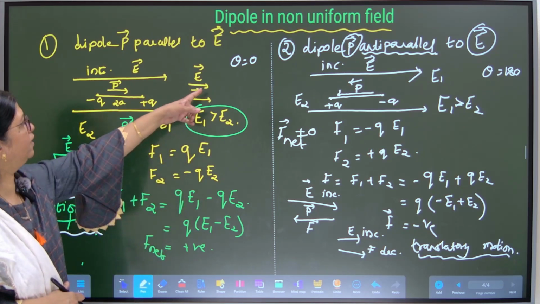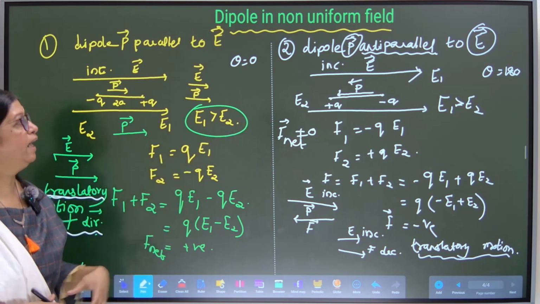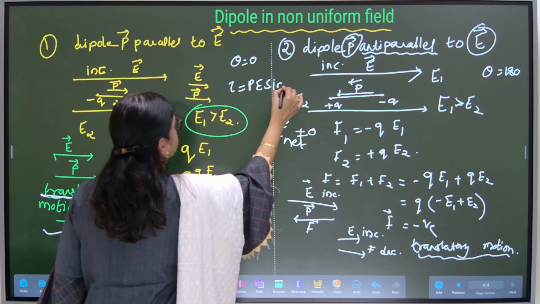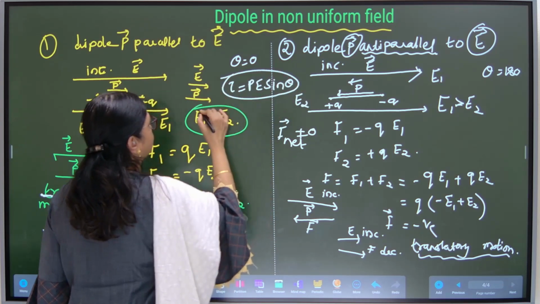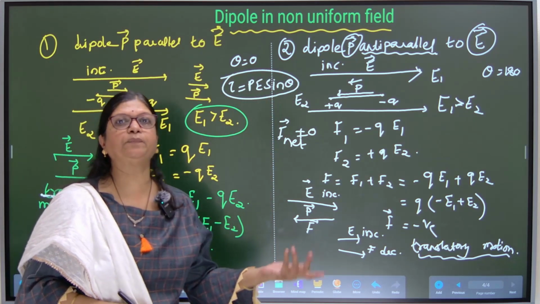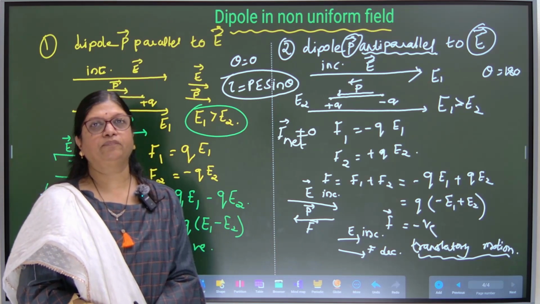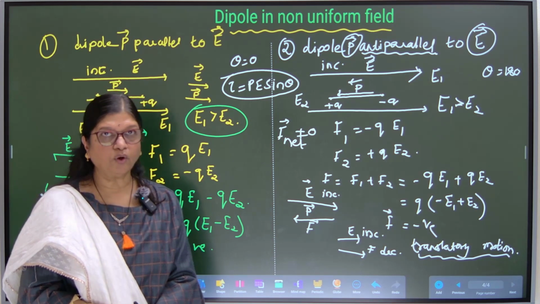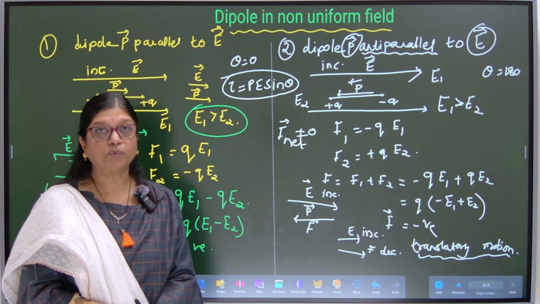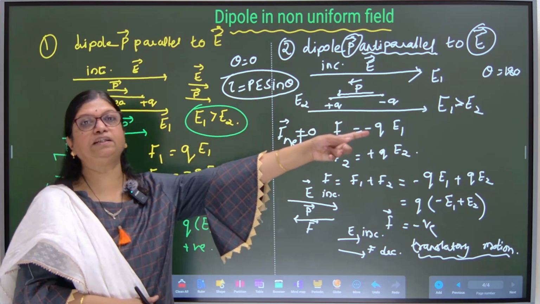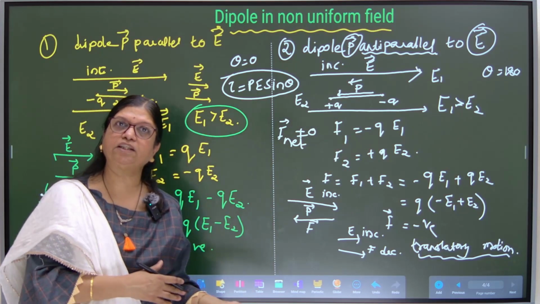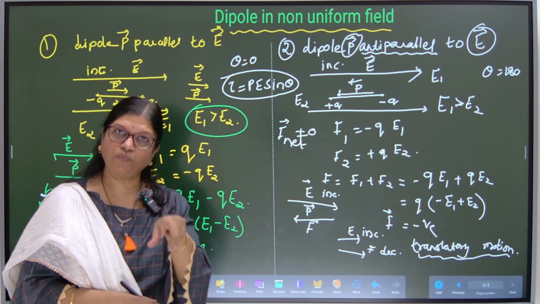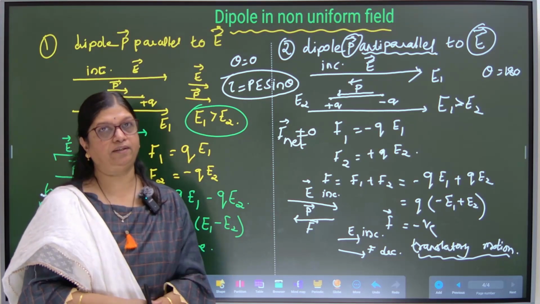But in this case, we have taken theta equal to 0 and theta equal to 180. Tau is equal to PE sine theta. If I substitute theta equal to 180 or theta equal to 0, I am going to get tau equal to 0. If tau is 0, then there is no torque, provided theta is 0 or 180. If theta is some other value and I have placed it in a non-uniform electric field, tau will be there, depending upon the orientation.